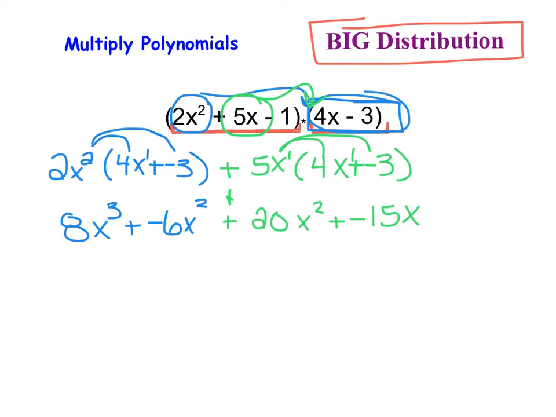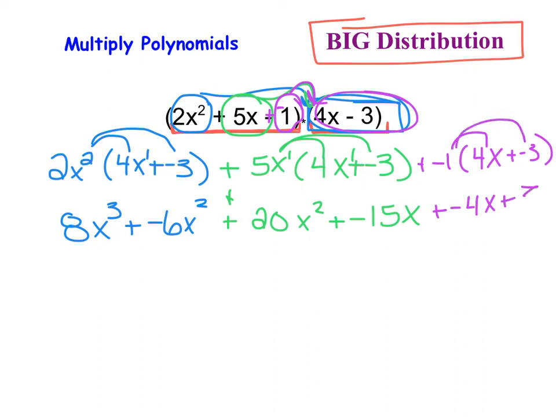And then finally, this last chunk here, I'm going to utilize keep, change to make sure I don't miss that negative 1. I'm going to take this negative 1 and multiply it by everything in this second set of parentheses. So I have plus negative 1 times 4x plus negative 3. And then I distribute my negative 1, so I get plus negative 4x plus negative 1 times negative 3 is 3.